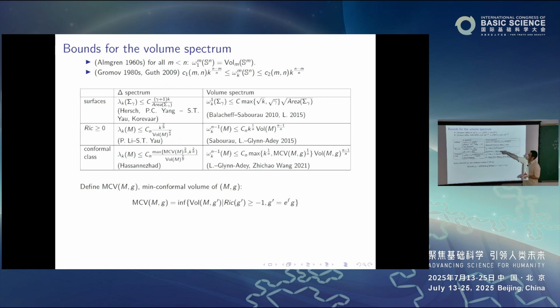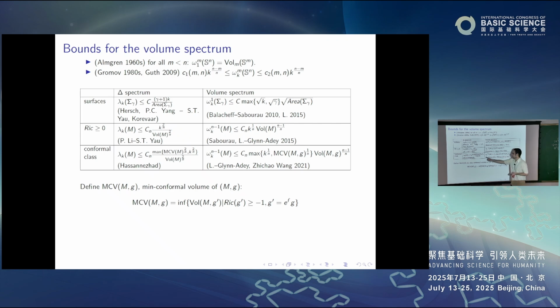And then for each of these results, we have an analogous result for this nonlinear spectrum, for width. So for surfaces, we have a result that was proven for 1 cycles, for 1 sweepouts, by Balacheff and Sabourau, and I generalized it to K. And in that case, we have similar results.